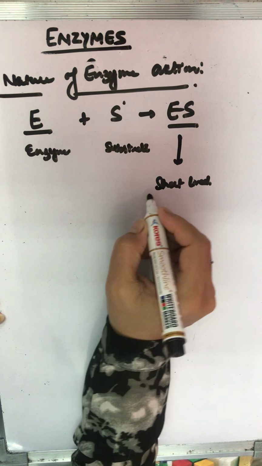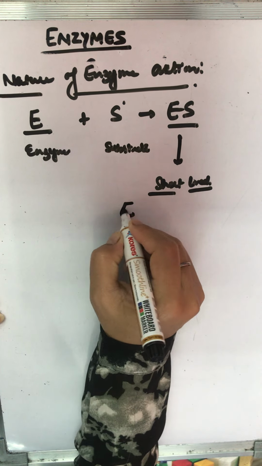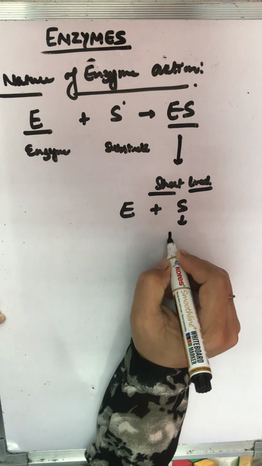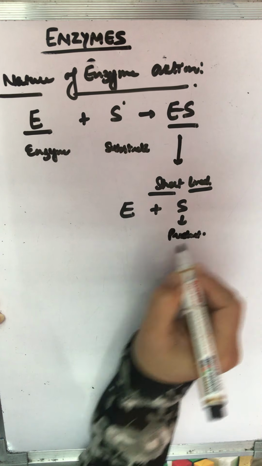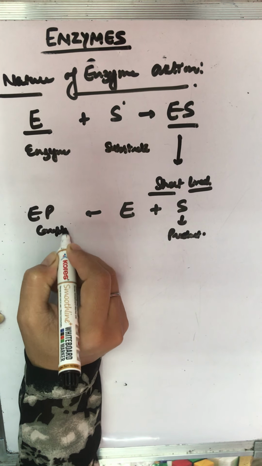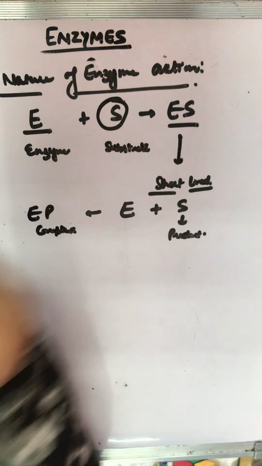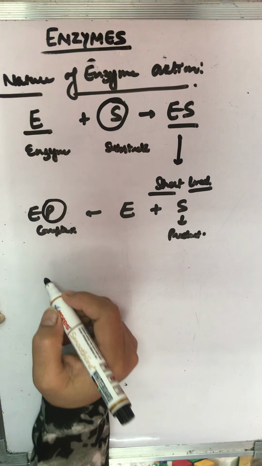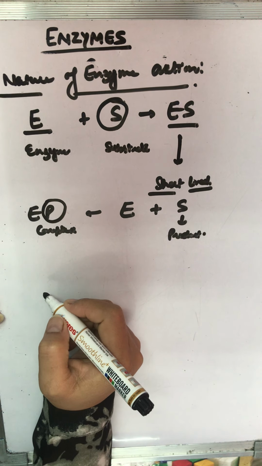Why? Because here the substrate quickly dissociates into the product, ultimately leading to the formation of the EP complex. So the stable substrate becomes a stable product at the end of the reaction.